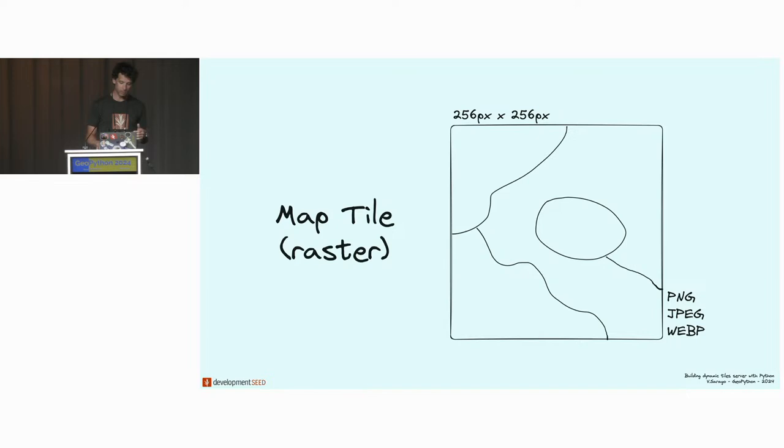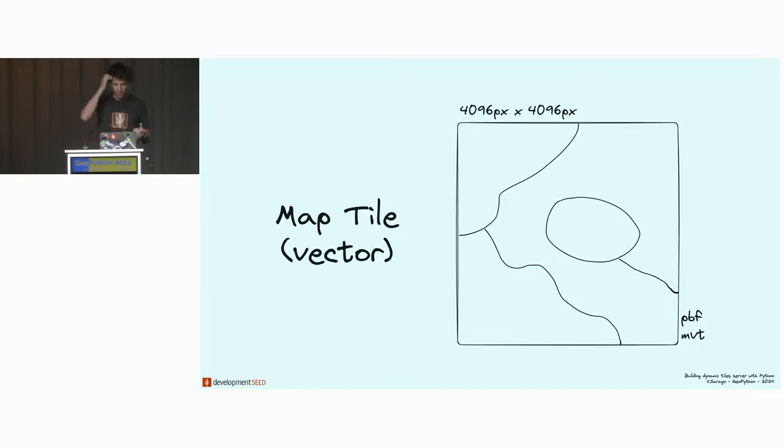The difference between the two is where they are created. With raster tiles, the colors and everything are created on the server, or before getting to the map client. While with vector tiles, they just send you lines or polygons, and then you apply style on the client. So raster and vector tiles are really different things.